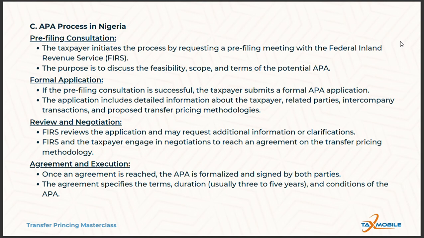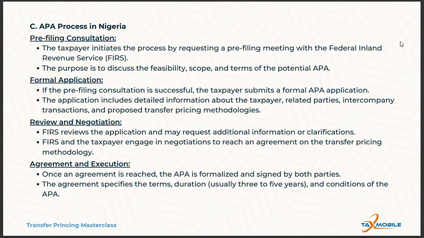So after the initiation, that is the pre-filing consultation, the next thing is the submission. That is, there should be a formal application now. So after a successful pre-filing consultation, the taxpayer submits a formal advanced pricing agreement application. And the application must include detailed information about the taxpayer, the related parties, the controlled transactions, and the purpose and the proposed transfer pricing methodologies.